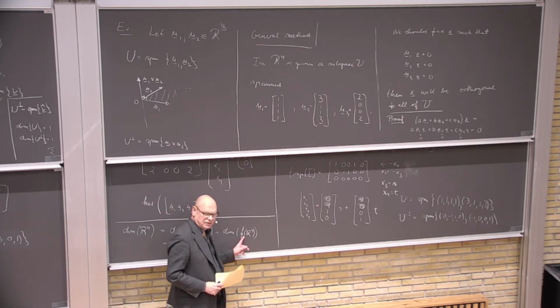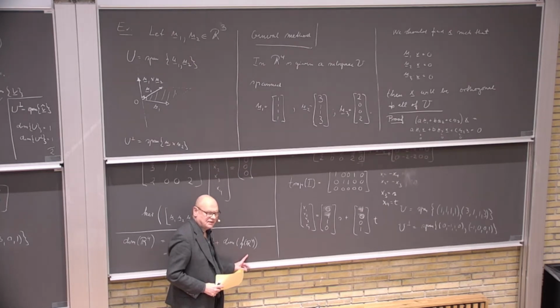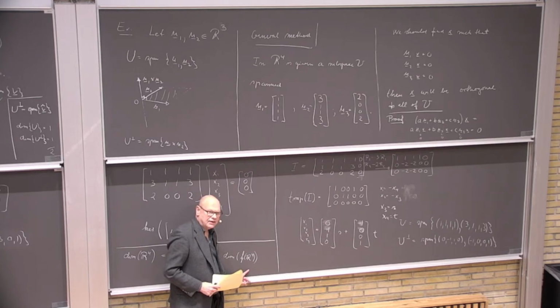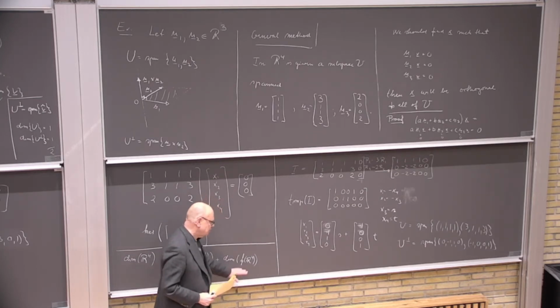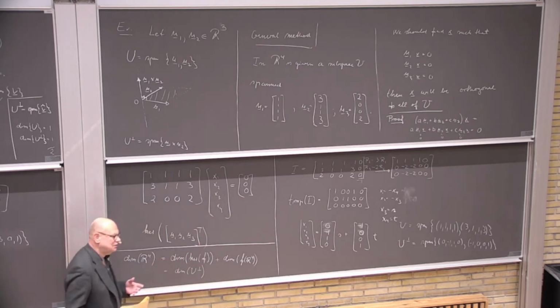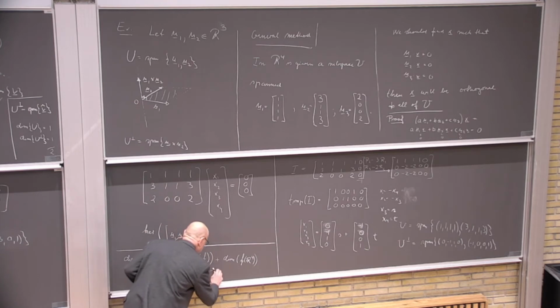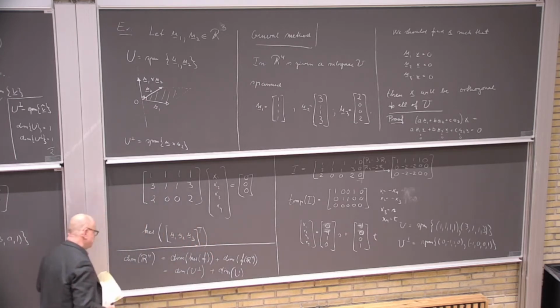This one here, does anybody recall what that is? It's the rank of our mapping matrix. Yeah. And this is equal to the dimension of U. So, here we have it. This is the dimension of U.